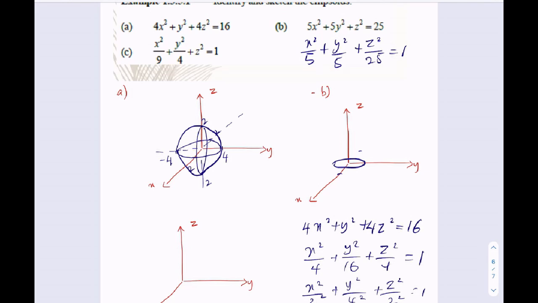And this one is longer. Okay, combination of everything, we will have this one. Okay, I think this is enough.